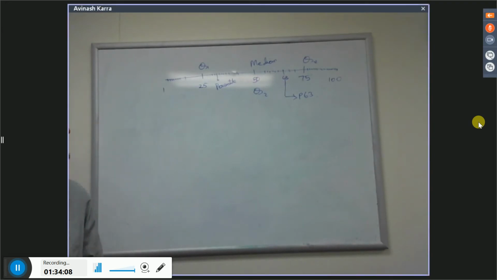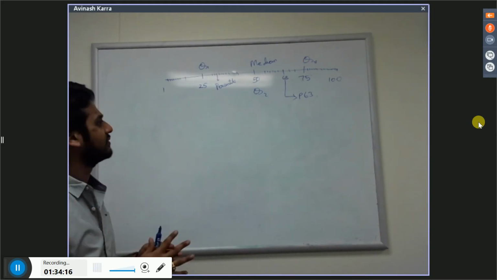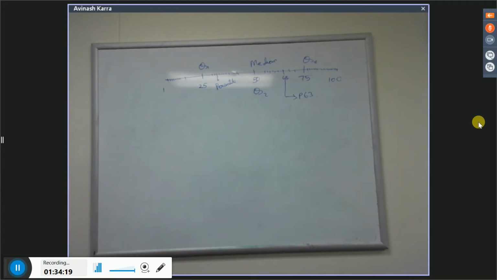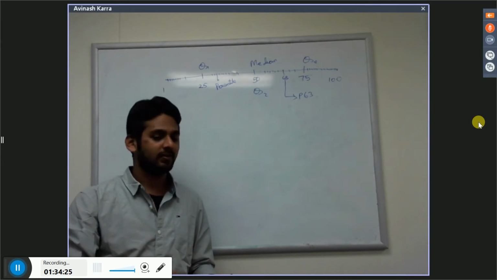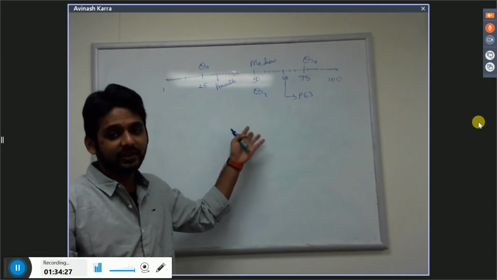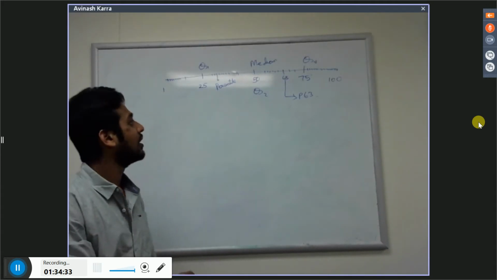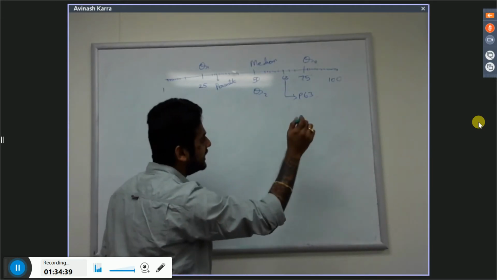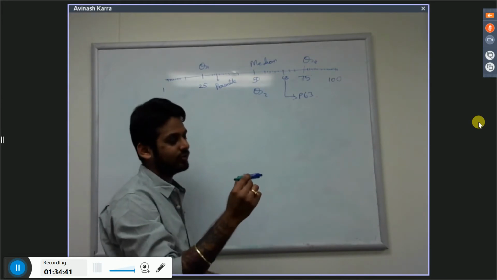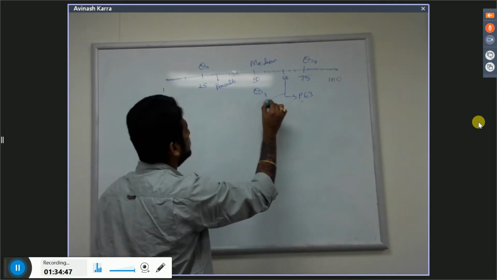What does 63 percentile mean? It means out of the whole number of students, for example, normally the SAT exam will be taken not by 10 or 20 students, right? By thousands of students. So they will calculate this way. Suppose 1 million students took the exam: 63% of 1 million are less than your score.